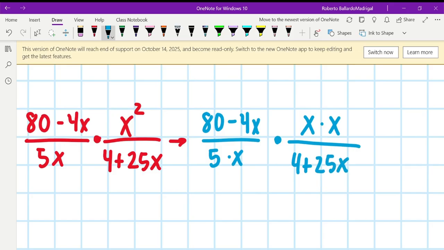Do you guys see what happened there? I split up 5x and I split up x squared, and the reason I'm splitting that up is so that I can cancel this x with this x.